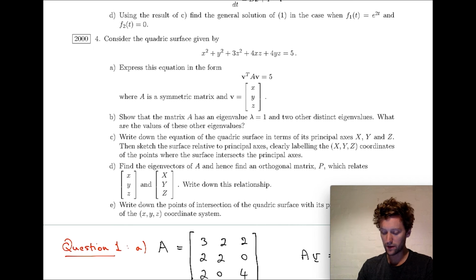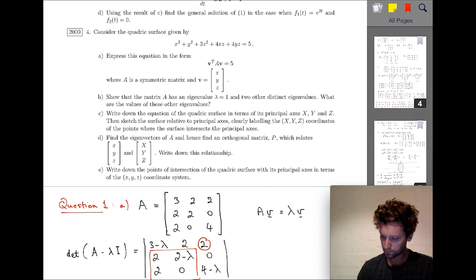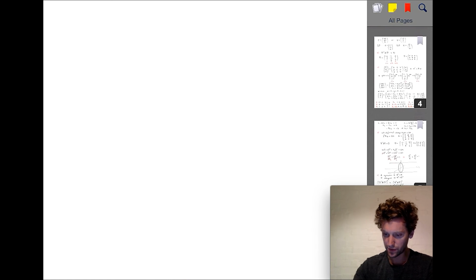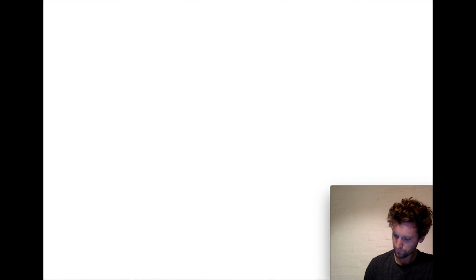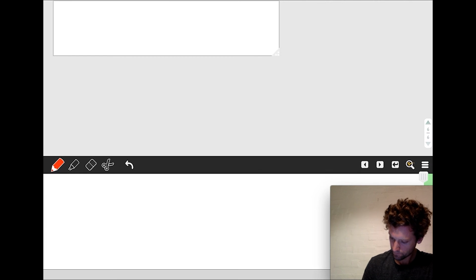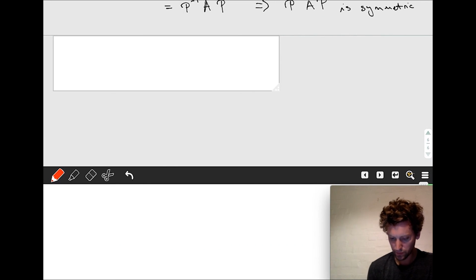So we're going to find eigenvalues and eigenvectors. But you see there's going to be a couple of new wrinkles to this question. So this is looking at question 4.